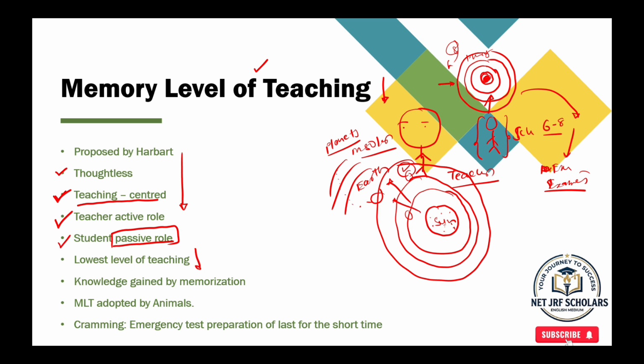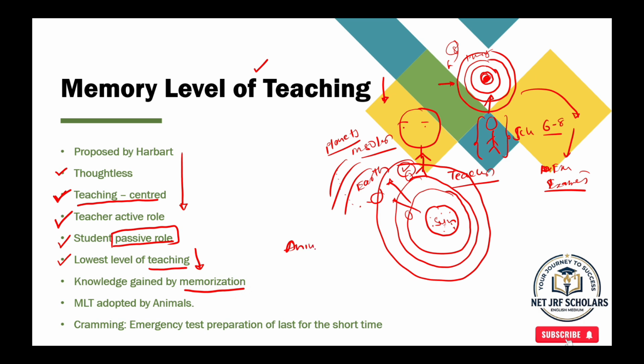It is just memorization, not understanding of the concepts that are explained. As a result, it is the lowest level of teaching. So all the knowledge gained by the student in this story is just by memorization.